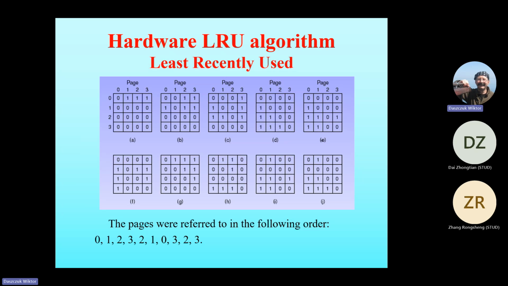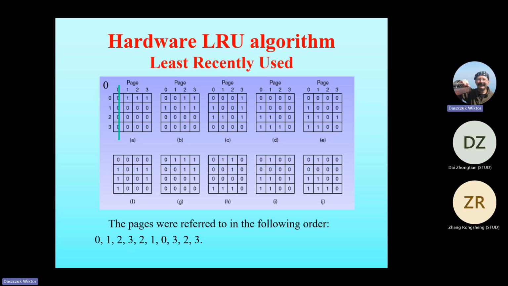But the row first, we see. So first we enter ones to the row, then zeros to the column. And it is done on every reference. Here, number 1, ones and zeros. Number 2, ones and zeros. Number 3, ones and zeros. Again, number 2, ones and zeros, and so on.